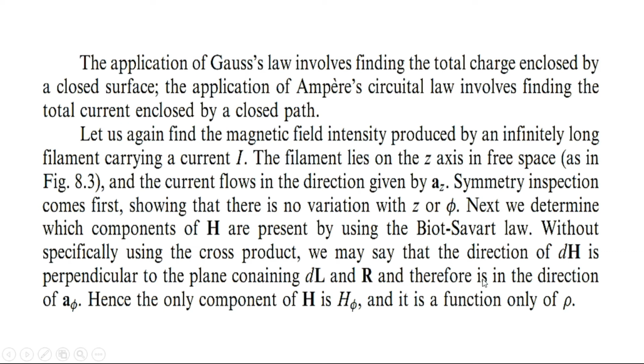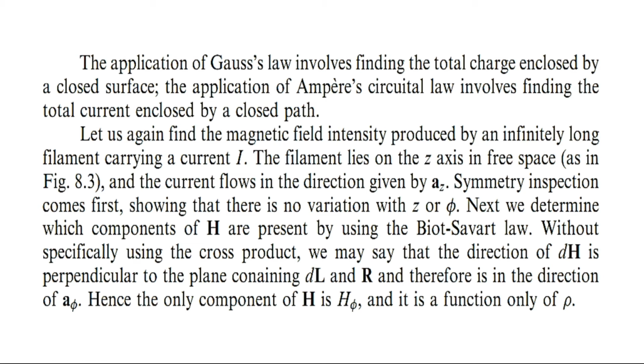So, it is in the direction of a_phi. If the direction of dH is perpendicular to the plane containing the vectors dl and r, then the magnetic field intensity will be in the direction of a_phi. Hence the only component of H is H_phi, and it is a function of rho. So the magnitude of the magnetic field intensity is a function of rho, and only the phi component of H is present.